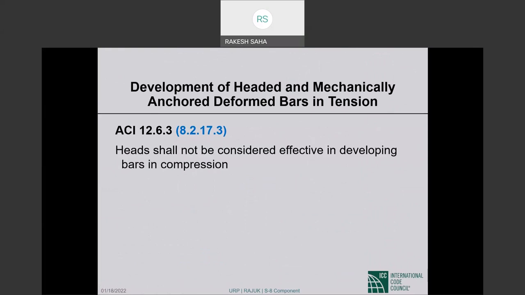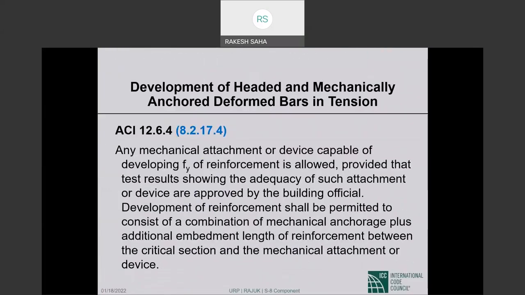Heads shall not be considered effective in developing bars in compression, just like the hooks. Any mechanical attachment or device, not just heads, capable of developing f sub y of reinforcement is allowed, provided that test results showing the adequacy of such attachment or device are approved by the building official.